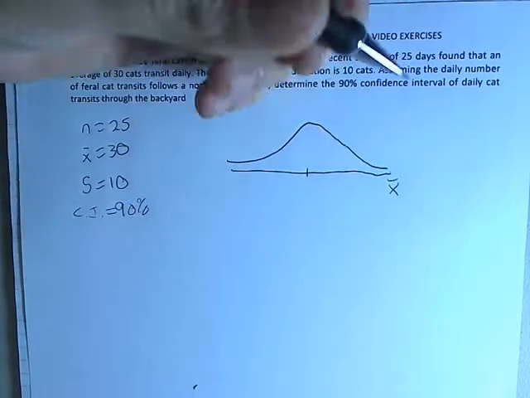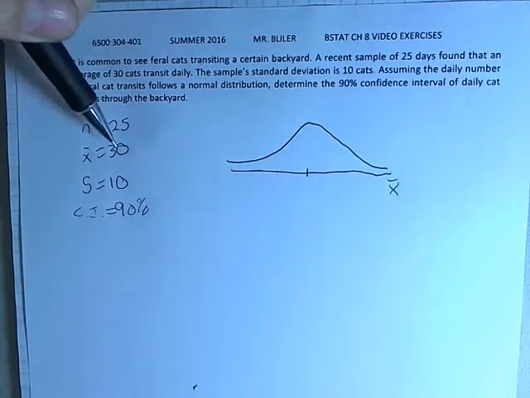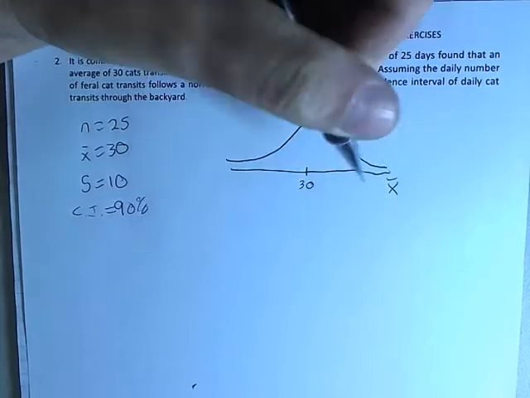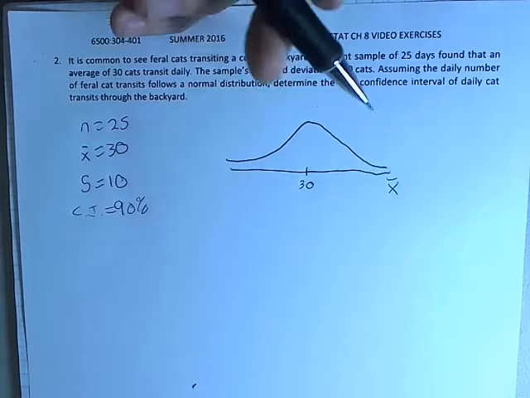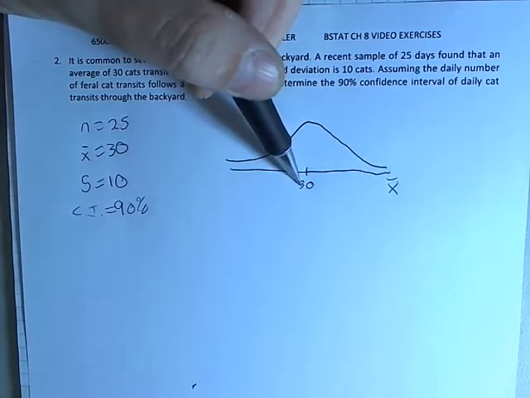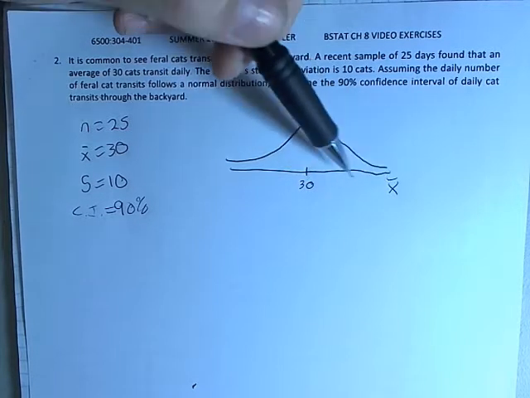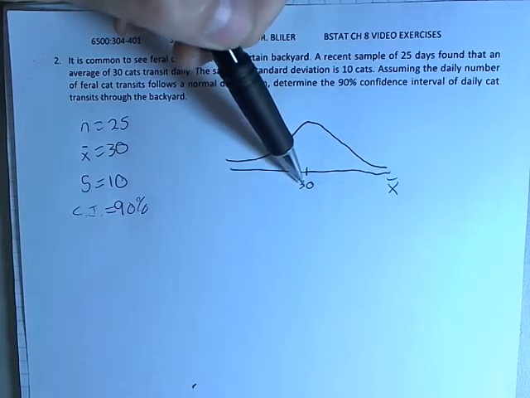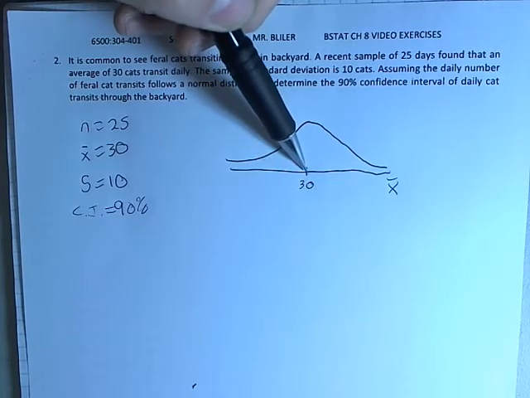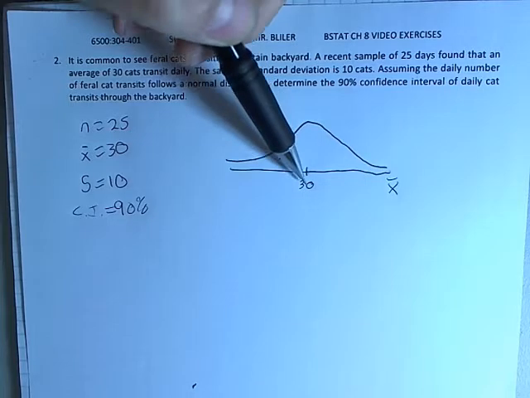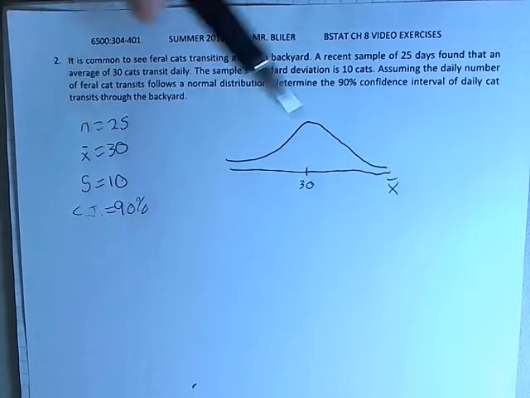Why don't I go ahead and take our sample mean and make that the center point of this confidence interval. So the center is going to be 30 cat transits. If we were to make a point estimate of the population number of daily transits, that estimate would be 30 because that is the best data that we have to work with.